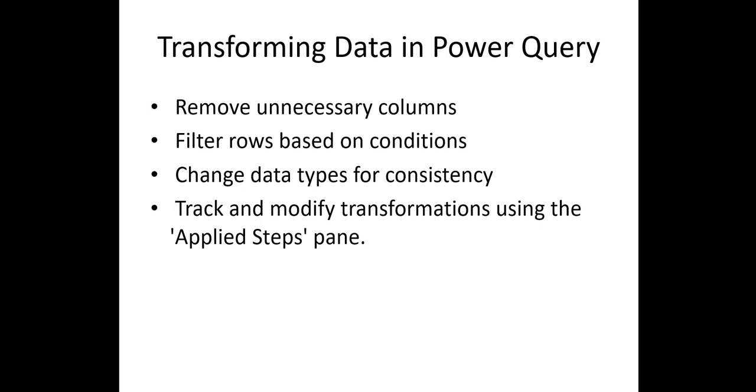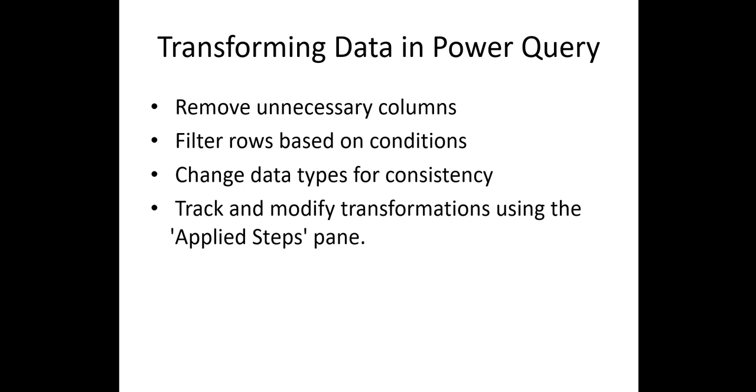Then, transforming data in Power Query. Like you have heard me say in my previous videos, the cleaner the data you have, the better results you're going to get. So I'm always making sure to transform the data and remove anything you don't need that may cause issues when you're doing any kind of data analysis.